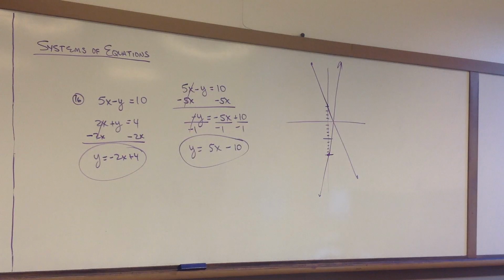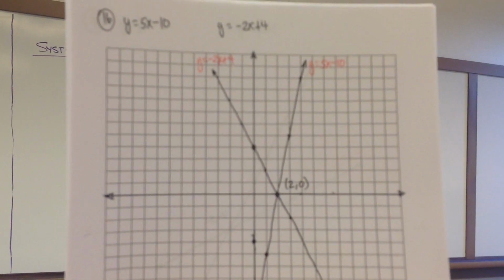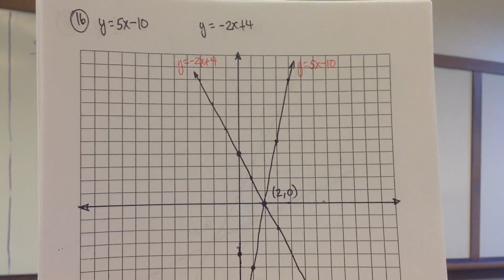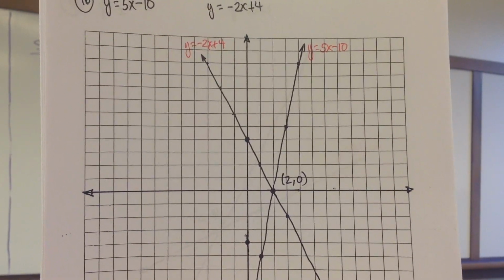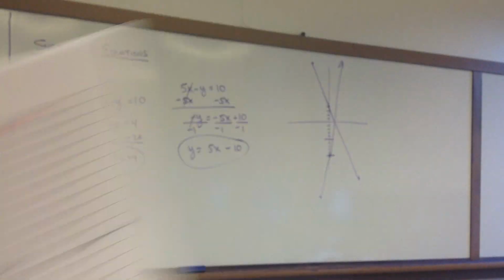But let's take a look at the paper version before I conclusively say that. Yeah, so there's the graph, and you can see that point of intersection is where x is 2 and y is 0.